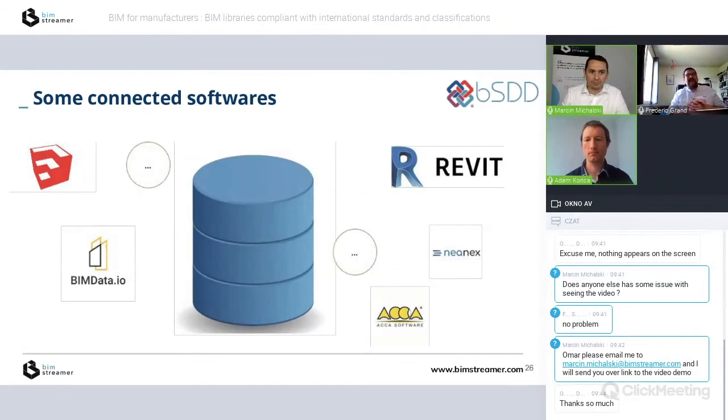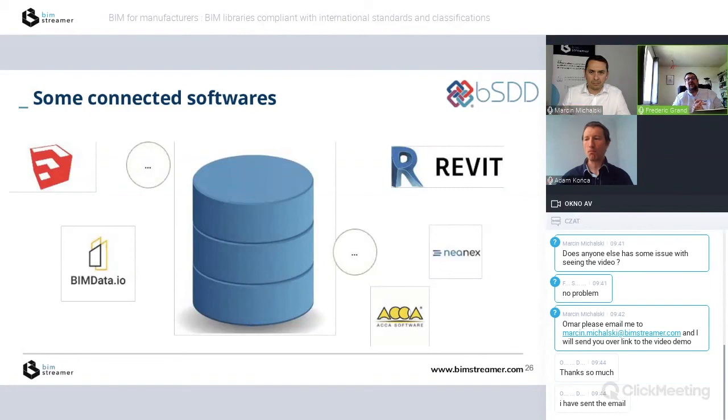Well, many. The first one is that right now bSDD is not officially released. This is still a prototype, and it will be officially launched this summer. So we still have some small tweaks to do on it, especially regarding the compliance with the IFD standard, which is under revision.